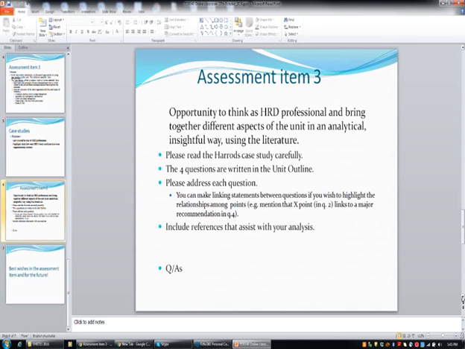Please address each question and include references that assist with your analysis. High quality, recent references to high quality articles will give you a better quality result. If you're really wanting to do well, make sure you access that sort of material.